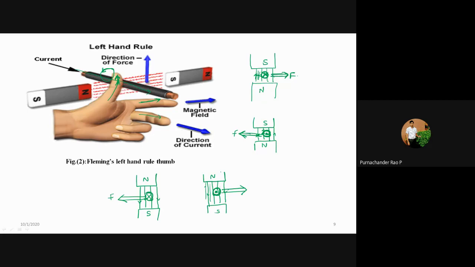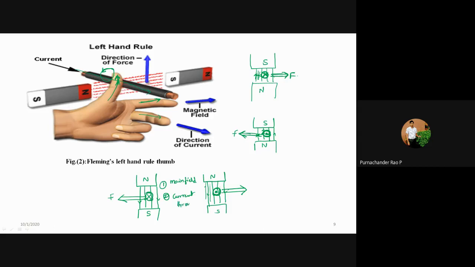So if I want to change the direction of a DC motor, I need to change either the direction of the magnetic field, which you can call the main field, or the second one is you need to change the direction of the current which is passing through the conductor.